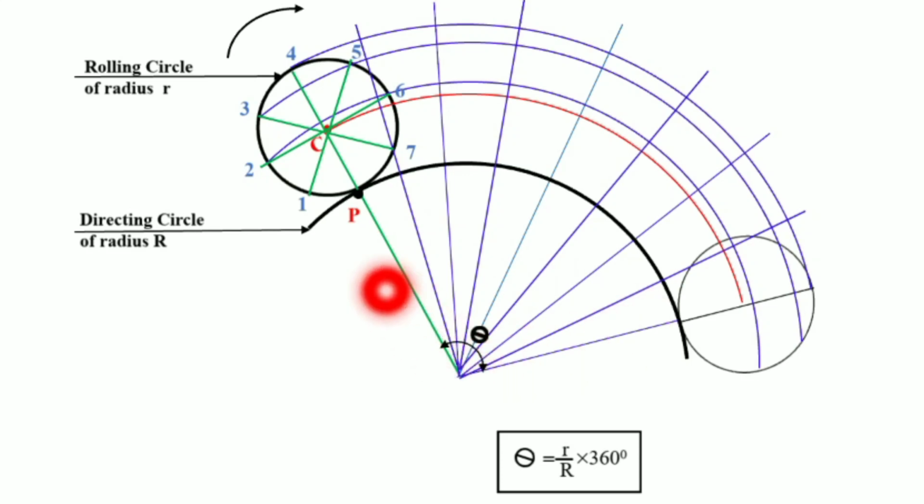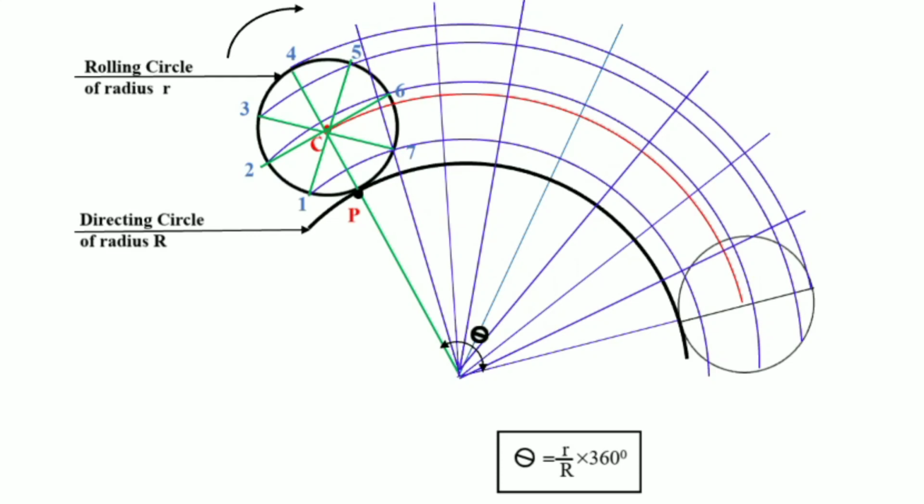Then O to 1 as the radius and O as the center point, draw another arc. So these are the arcs you have drawn. You can see 1 and 7 are coming on the same arc, 2 and 6 are coming on the same arc, and then 3 and 5 are also coming on the same arc.